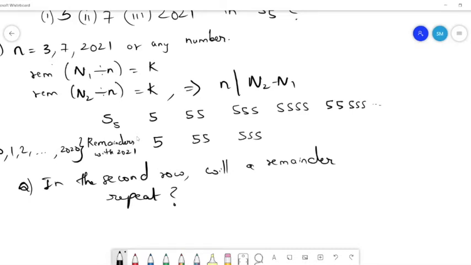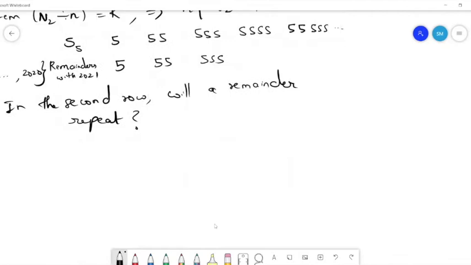Will a remainder repeat anytime? Actually, it will repeat, Shiv. If you take 10, 100, 1000, 10 to the power of 4, 10 to the power of 5, and divide by 7, the remainders will certainly repeat. Okay.